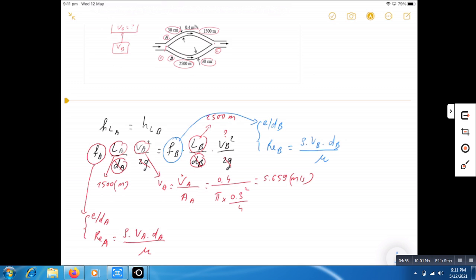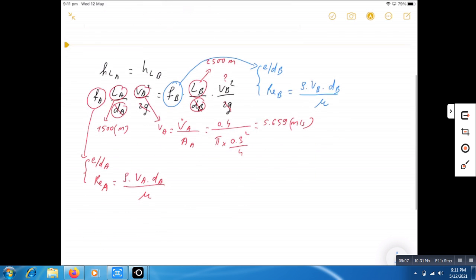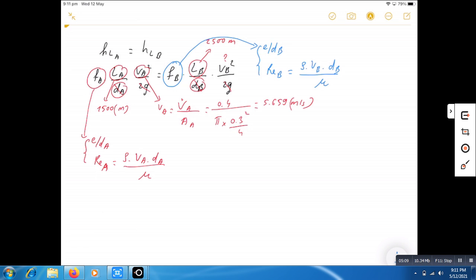So how to find VB? You can't find VB without fB, but you can't find fB without VB. So in this case, we have to use the trial and error method. It means we assume fB or VB. For example, I assume fB is a number.